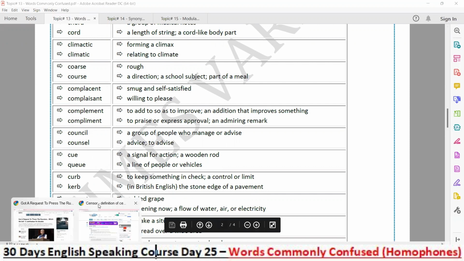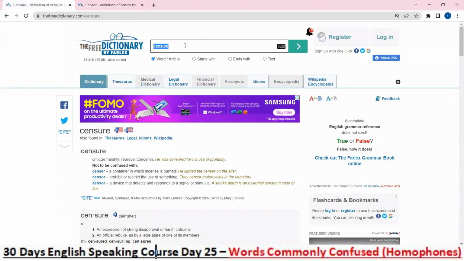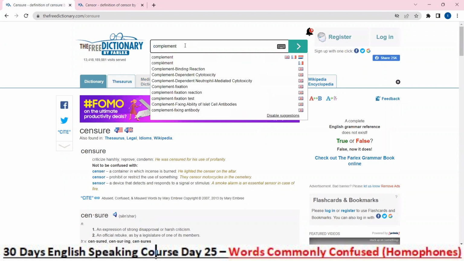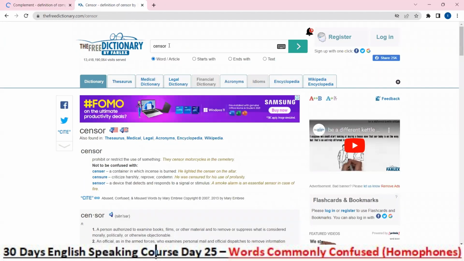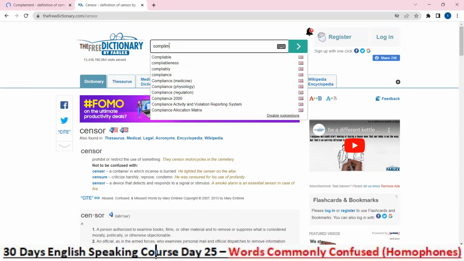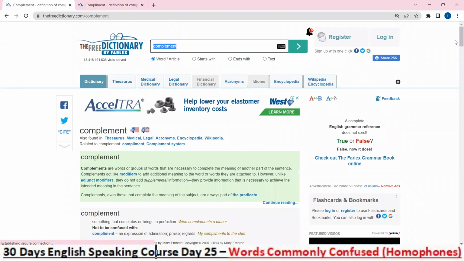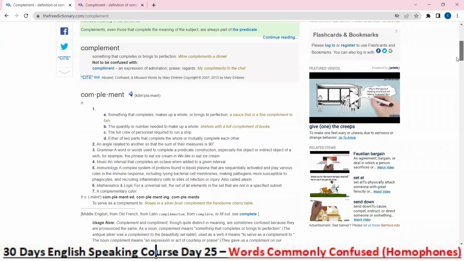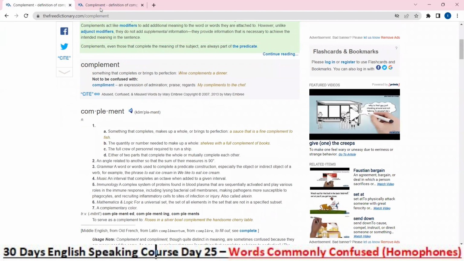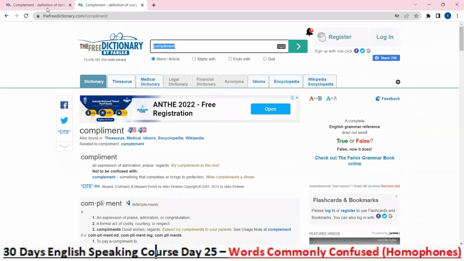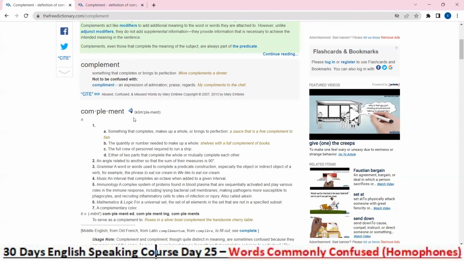The only spelling difference is here: in the first case it is E, and in the second it is I.